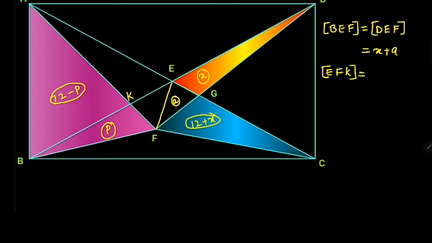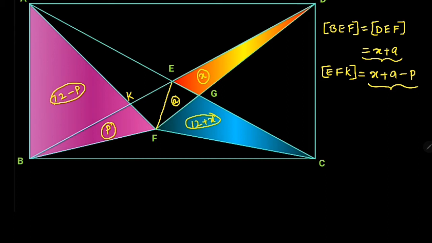The EFK area is going to be the BEF triangle area minus the BKF triangle area, that is X plus A minus P, because the BEF area is X plus A and the BKF area is P. Therefore, the EKF or EFK area is X plus A minus P.